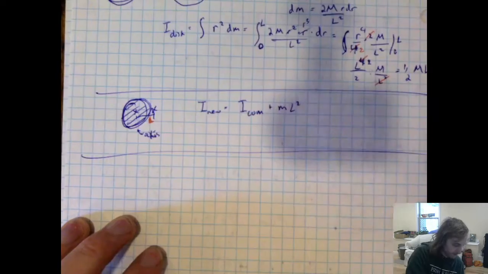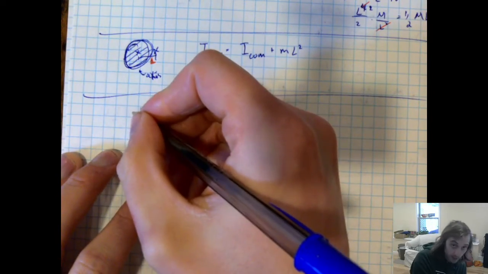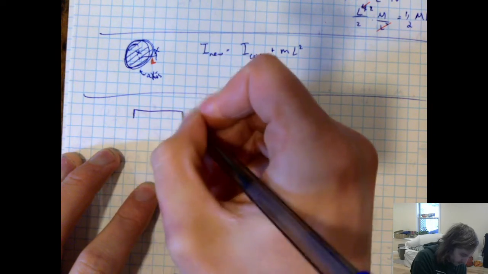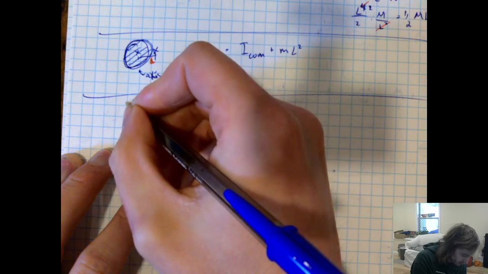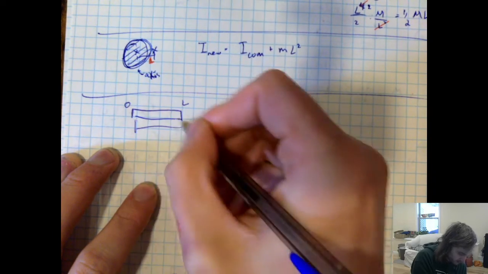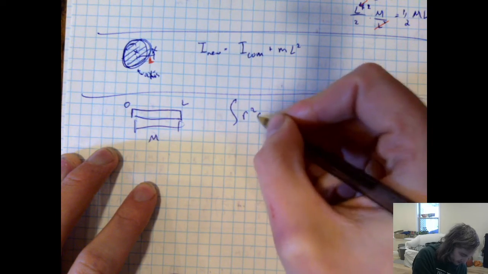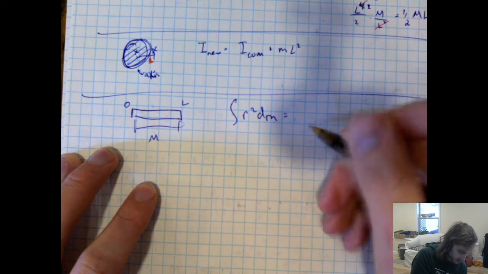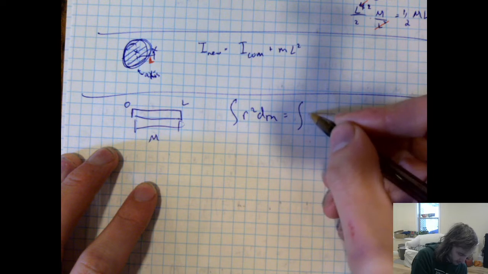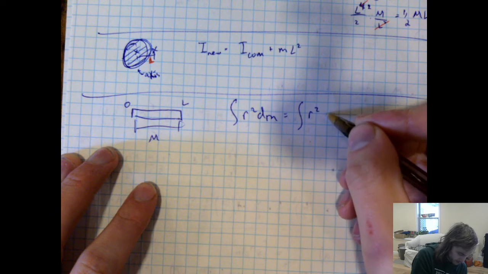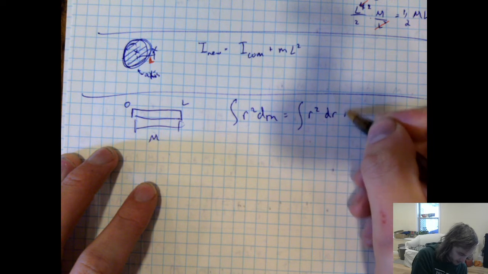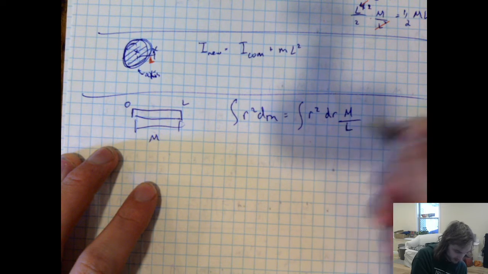So, doing that out, if we've got our thin rod, we've got the edge, this is at a location of 0, this is a location of L, mass of M. Our setup for our calculus is going to be very similar. r squared dm, last time we figured out that dm would be equal to dr times the mass of the thing divided by the length of the thing.